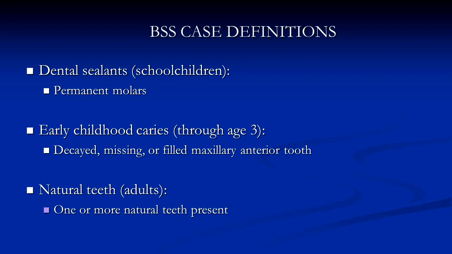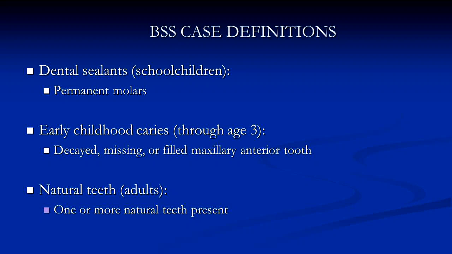You can also use the BSS to assess early childhood caries. And it used to be through the age of 3, but we know that that definition has changed through the American Academy of Pediatric Dentistry. So you could even do it through the age of 6 now.